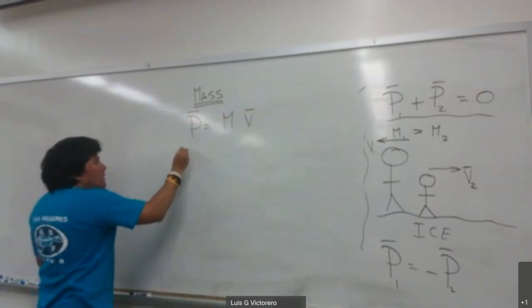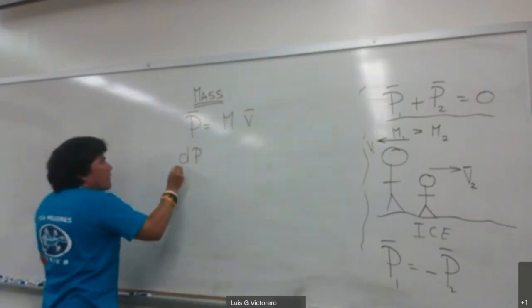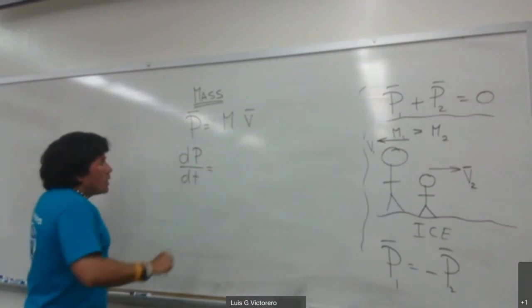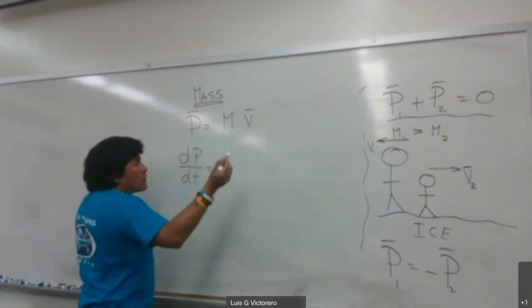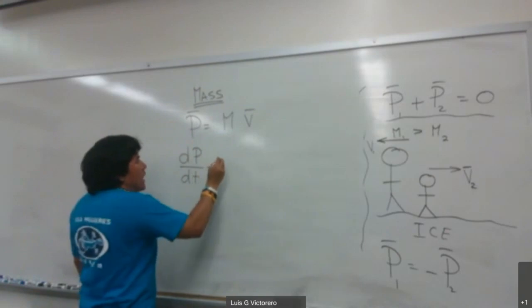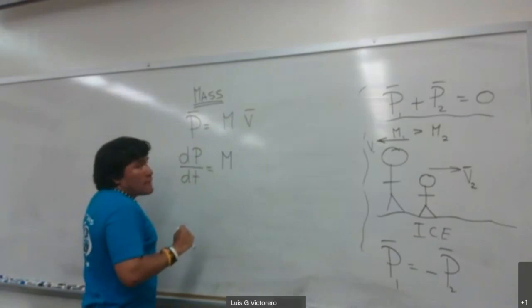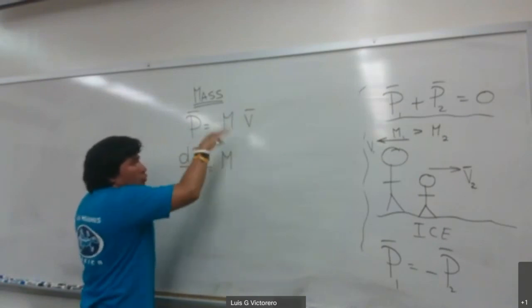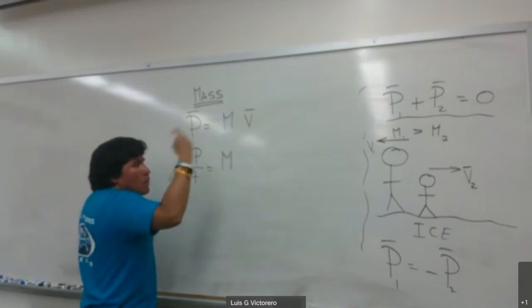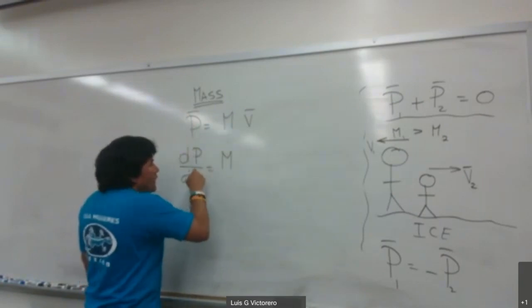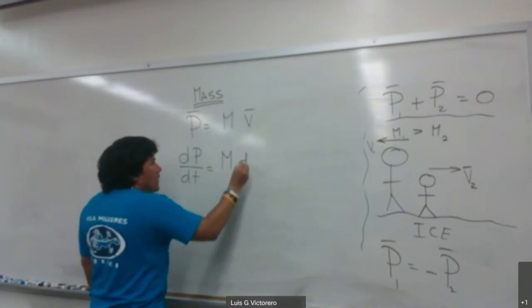Let's suppose I want to find the rate of change of momentum. So mass is always constant, except for the last model that we're going to study at the end of the class, which is rockets. But for any body, a mass, a ball, a cannon, anything, it's just constant, right? So the derivative is applied here.